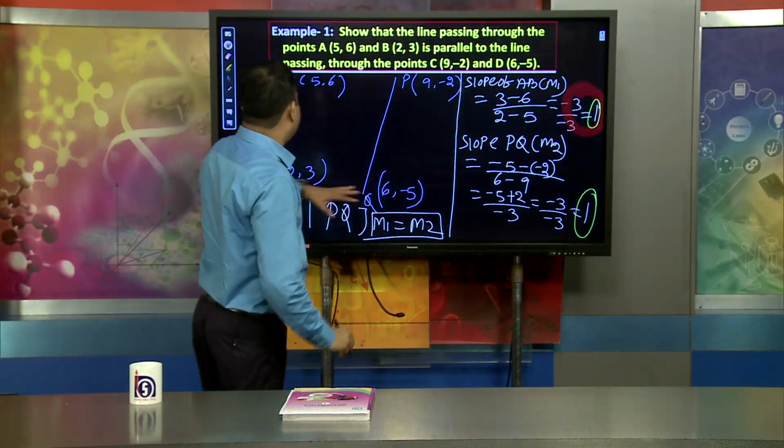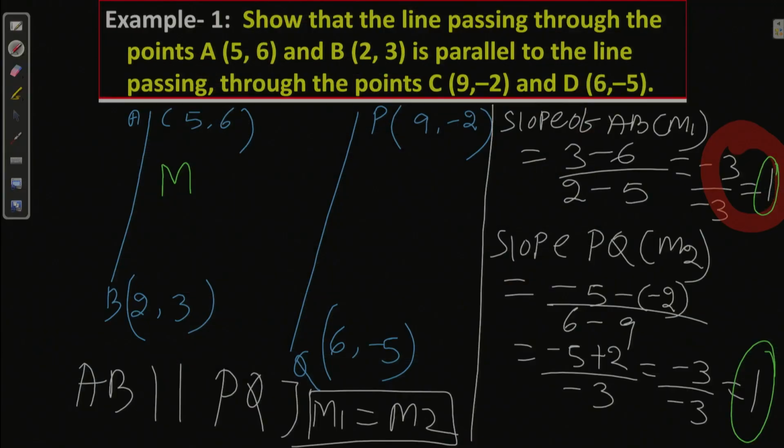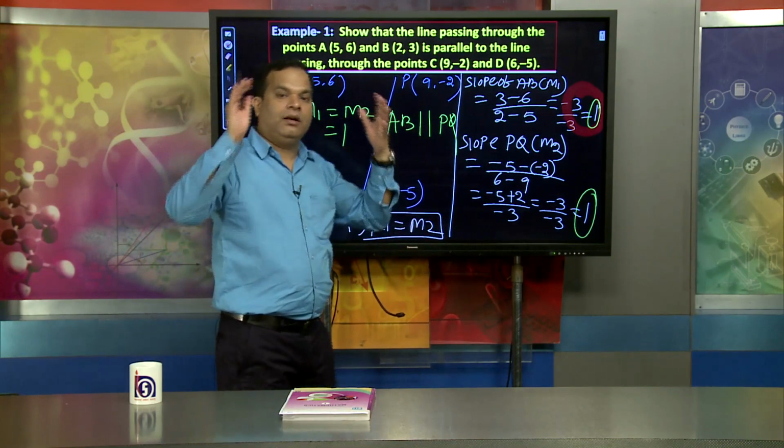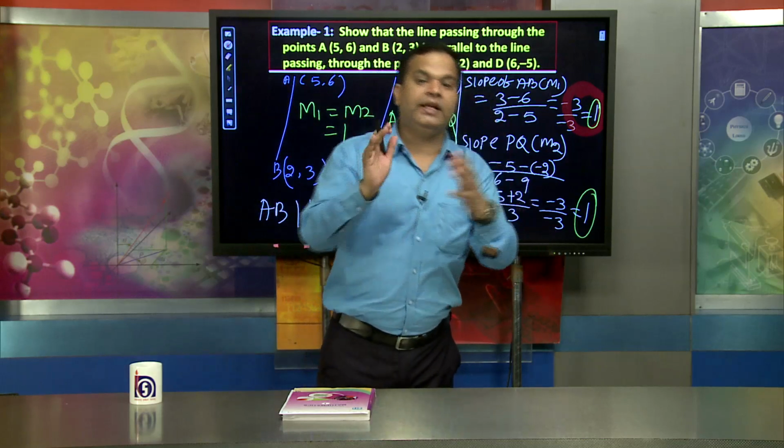So M1 equals M2 which equals 1, that's why I can say that AB is parallel to PQ. That means the line AB is parallel to the line PQ because their slopes are equal to each other, the value is 1.